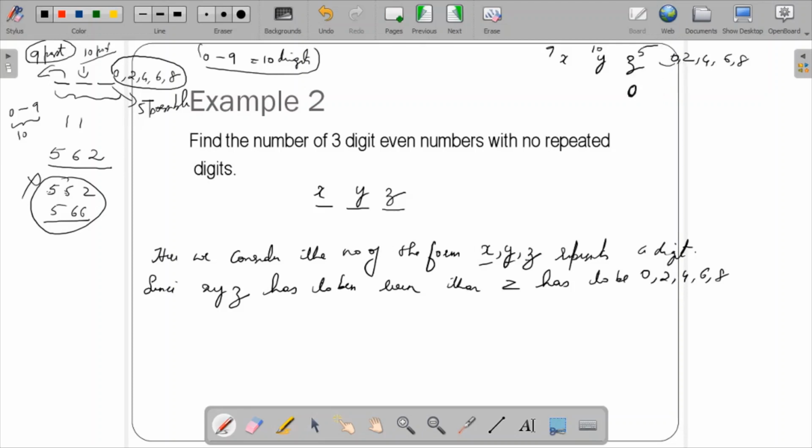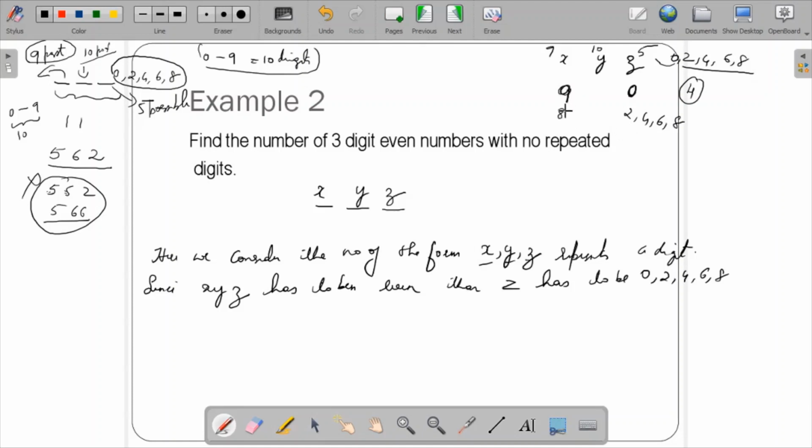Now when Z is ending with 0, imagine Z is ending with 0. So one position is occupied. So remaining 4 digits are left. Already one is occupied. When Z is 0, X has how many possible ways? X has 9 possible ways. That is one condition. Now when Z is any other condition like 2, 4, 6, 8. If Z is 0, then X has 9 possible ways or choices. And if Z is 2, 4, 6 or 8, 4 choices, then X has 8 choices.